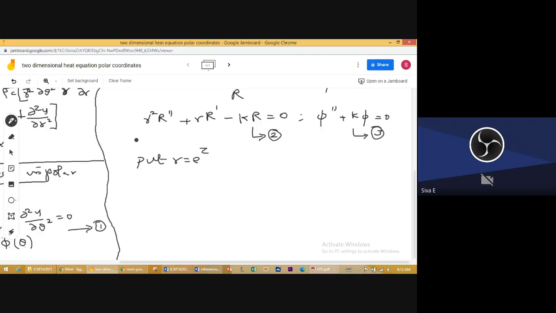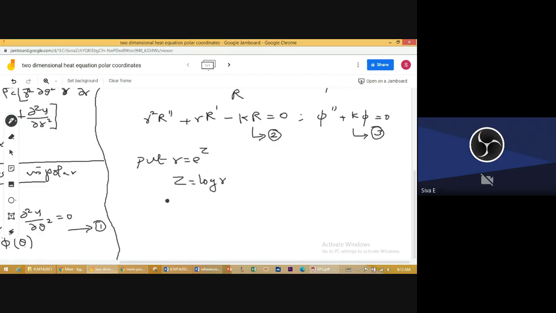We have to convert into Cartesian coordinates and then we can do that. So if you are substituting r equal to e power z, you have to remember the step. Then we'll get z equal to log r.